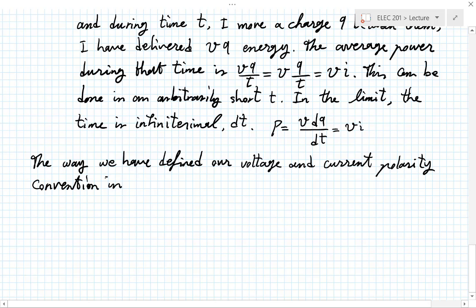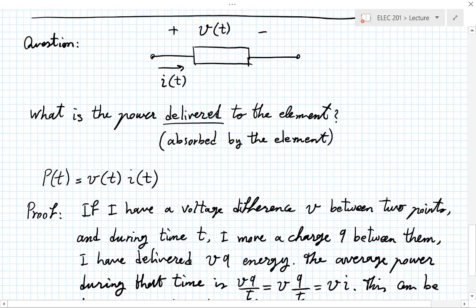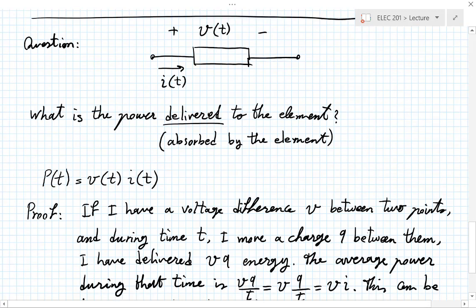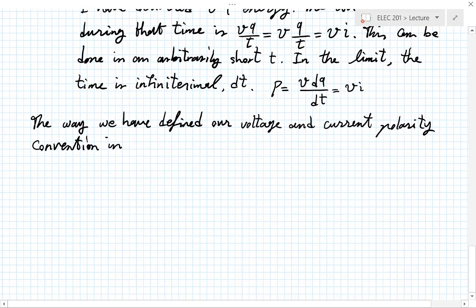The way we have defined our voltage and current polarity convention in this element up here, in that the arrow for my current is pointing from the positive side of the voltage to the negative side. And this was purely a matter of convention in the above element.